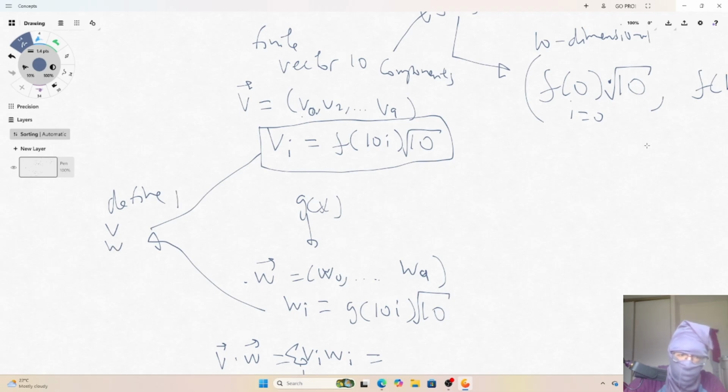We define the process of extracting vectors from functions.